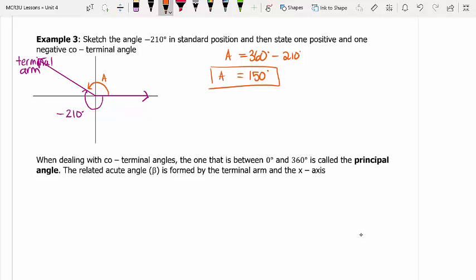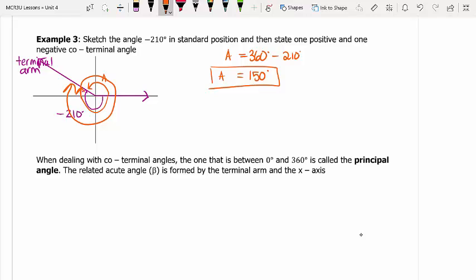Now to find another negative coterminal angle, so we need to again start at the initial arm, rotate clockwise, and end at the same arm. Well, we can't just do that because that's 210. We already have negative 210. We need another negative coterminal angle. So let's just keep going around a full rotation of 360. Right? If we just keep going, we're going to end up there again.